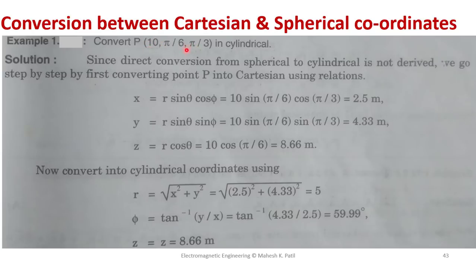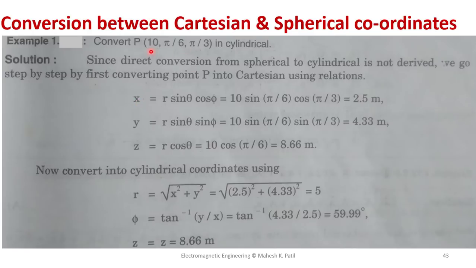Now it is asked to convert this point into cylindrical form. Now we have not observed any straightforward equation of spherical to cylindrical conversion. So first you convert this spherical point into Cartesian and then convert that Cartesian into cylindrical. So these are the steps we are going to follow here.